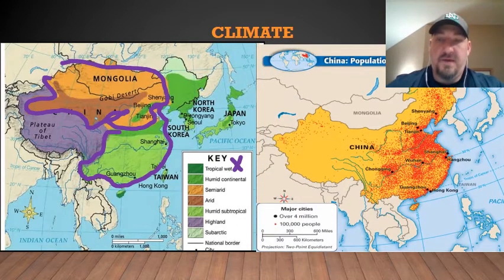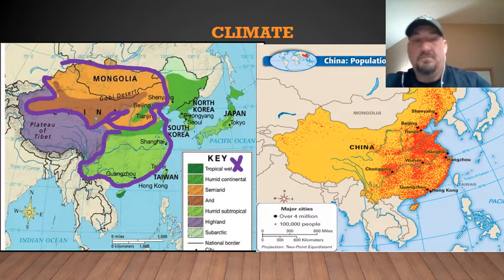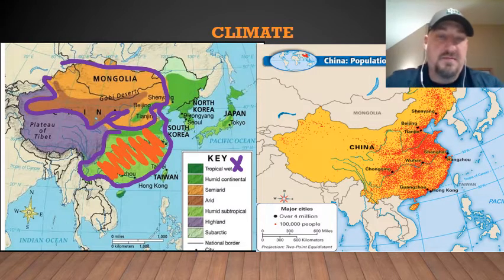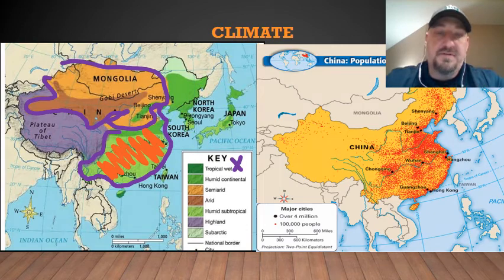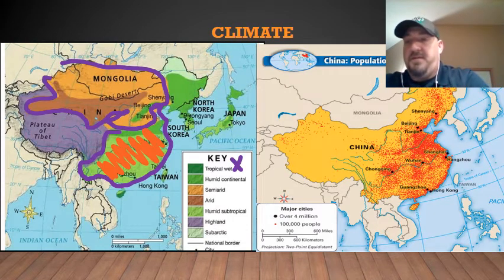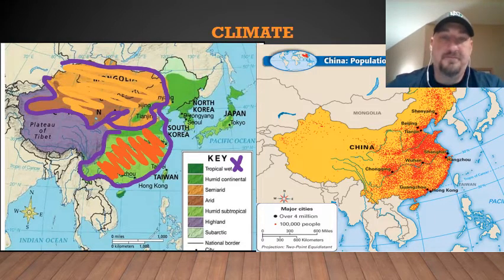And again, when we put that side by side with the population map, we see that most of the people are living in the eastern part of the country, where it's tropical, wet, humid, continental, and we're seeing very little population where it's dry and spread out.